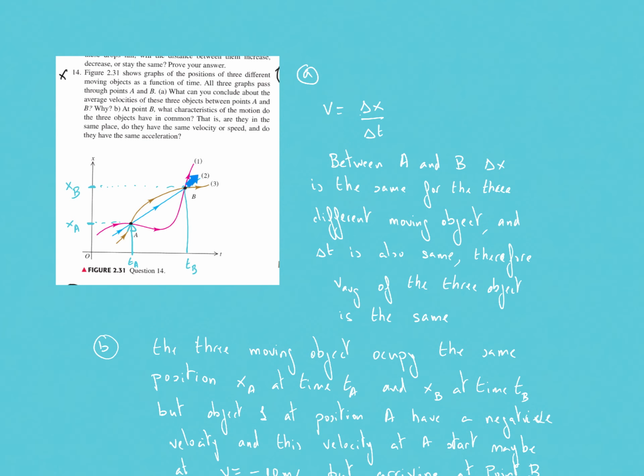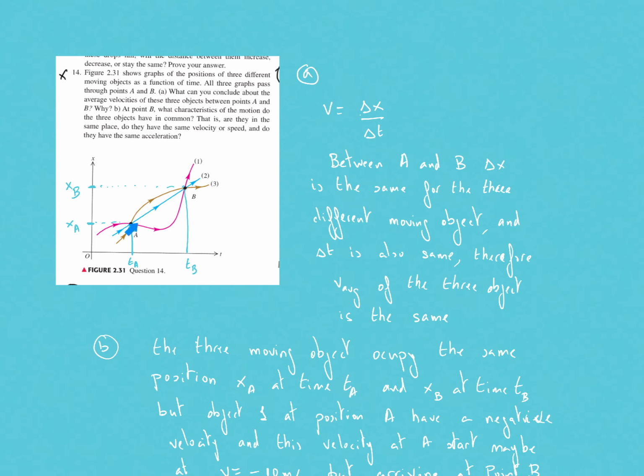For object 1, the red one, it starts with negative velocity, negative slope. Let's say minus 10 meters per second. As it's traveling, the velocity is minus 10. It seems to me that now the velocity here is going to be 0. You see, it's horizontal. So it changed the velocity from minus 10 to 0 here. At some point here, the slope is 0.